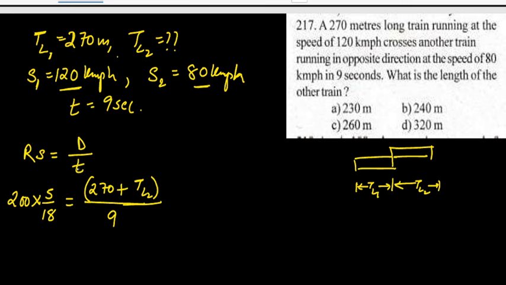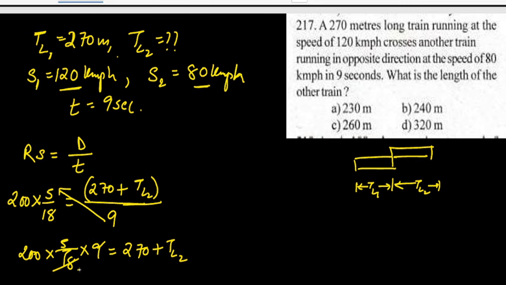Now we can cancel the unnecessary terms. This 9, if it goes there, would go to the top, right? So you're getting 200 into 5 by 18 into 9, equal to 270 plus TL2.